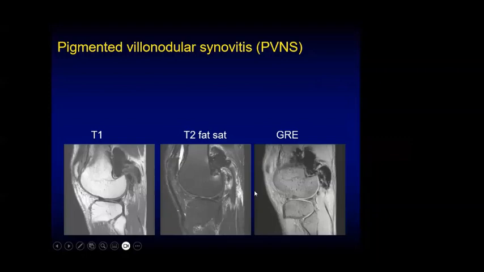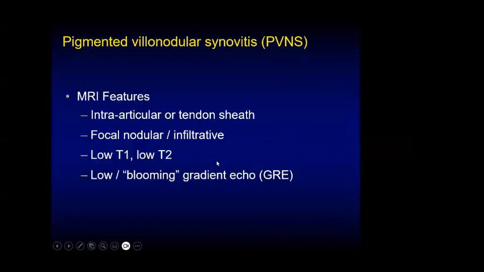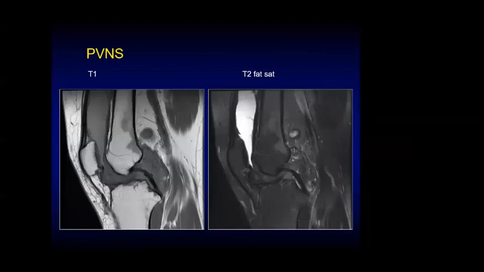So we were able to diagnose this one as PVNS just by looking at the characteristic imaging features and the signal intensity of the tumor. Okay, so this is another example of PVNS.